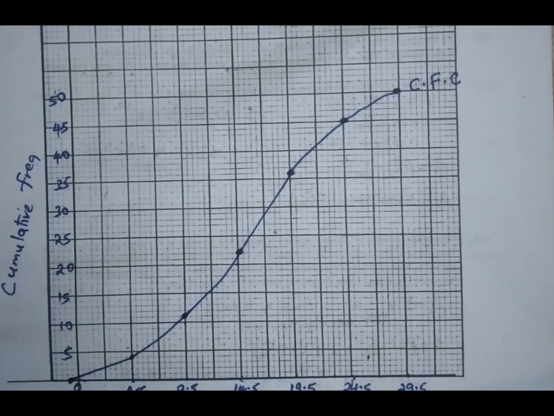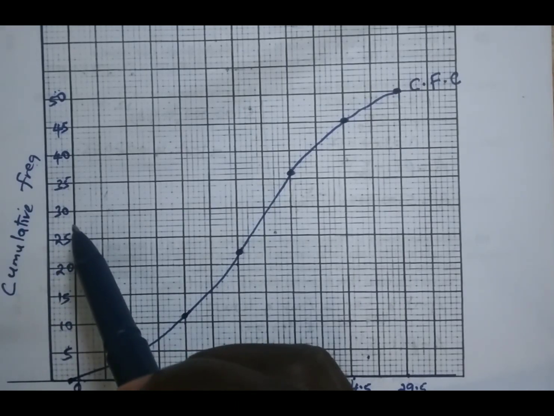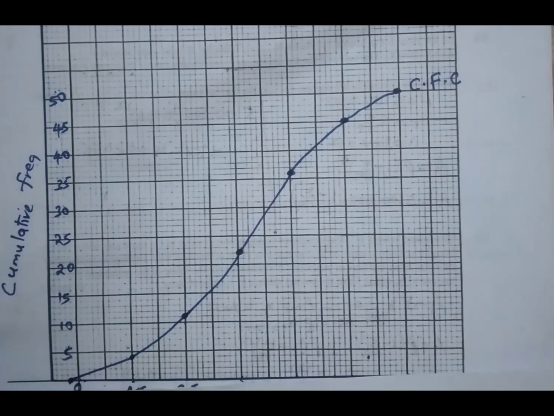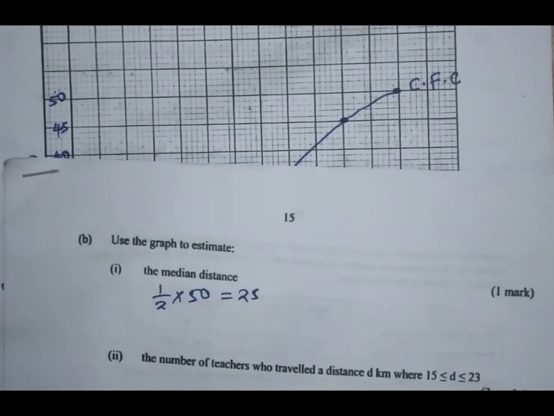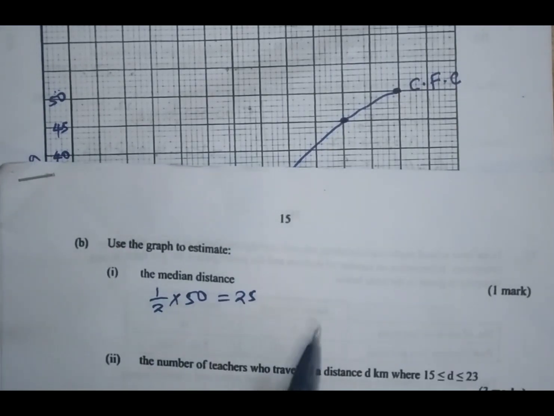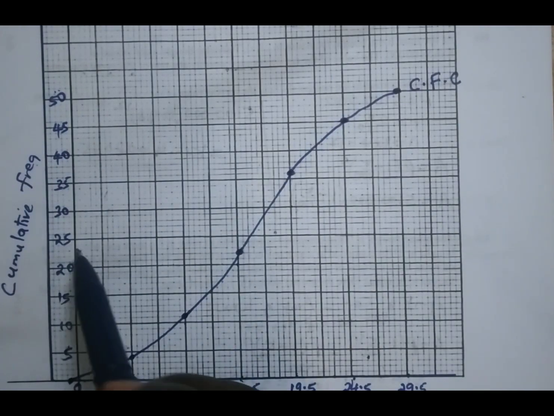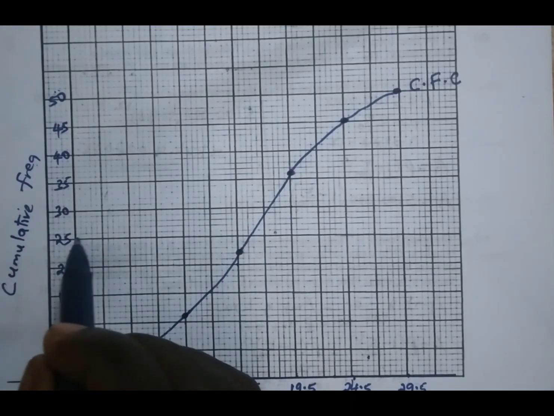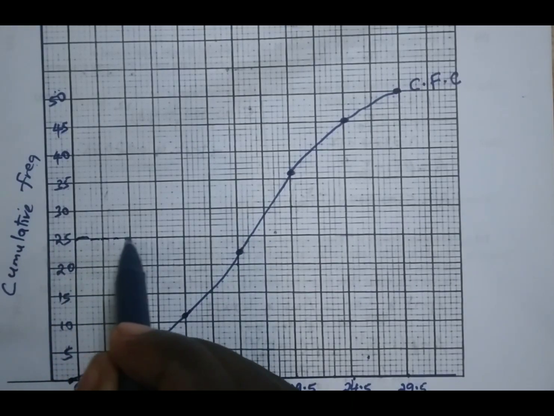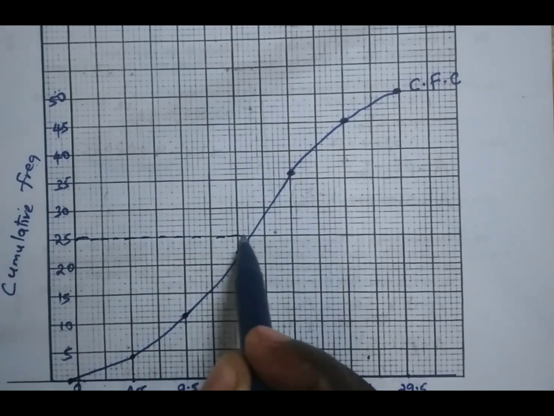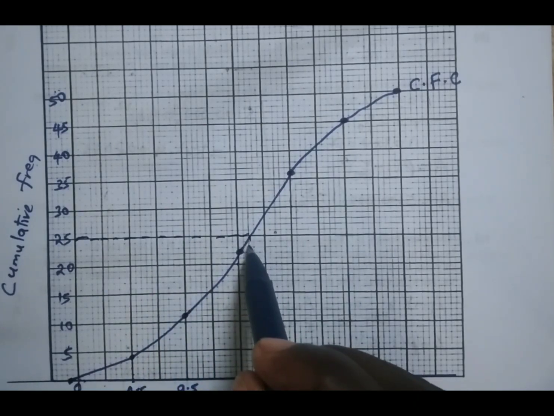So using your ruler, go to the cumulative frequency curve where we have 25. 25 is here. You draw a broken line towards our curve. Then you read down here.